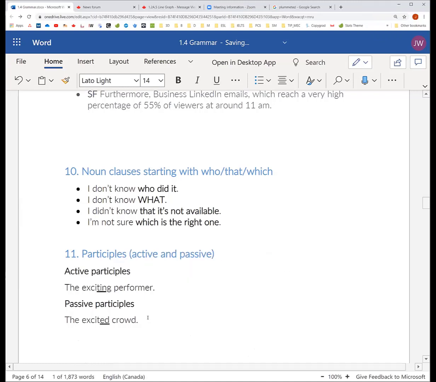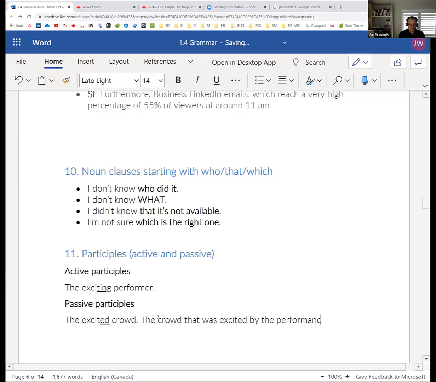We use ed when the noun or people experience the feeling. Right.